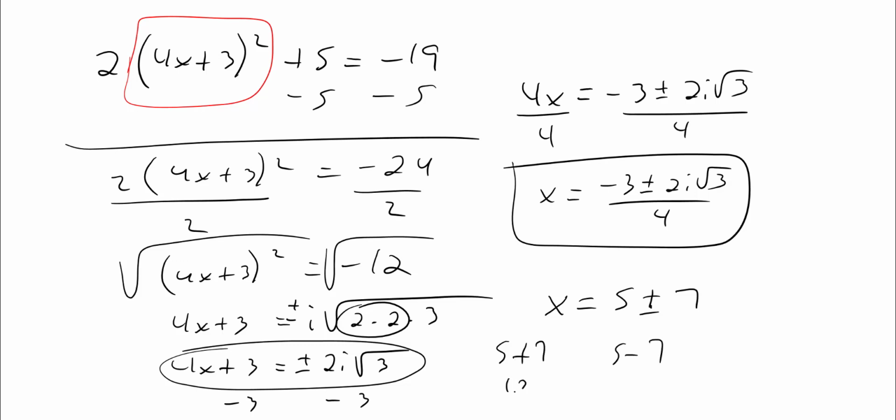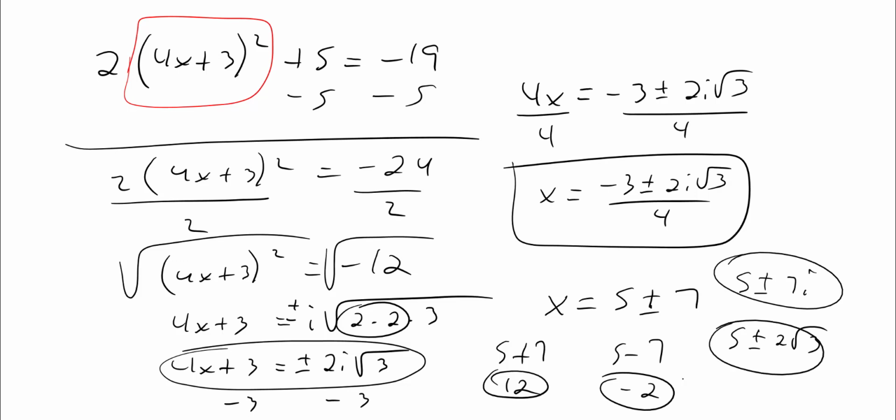So that would be 12 and -2, and you'd have 2 answers. Okay, but if it's anything like 5 plus or minus 7i, or something with a radical, 5 plus or minus 2 root 3, okay, you can't put those together, so you leave them like that. Otherwise, you simplify it to a 12 and a -2, right? To single numbers, whole numbers.